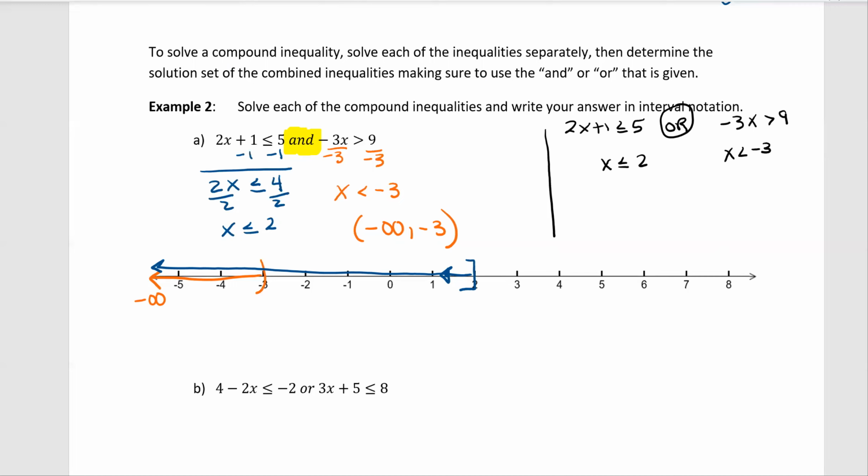But this time, if we have the word or, we're looking for all possible answers. So in that case, our answer would be negative infinity to 2, because we would take all possible answers.